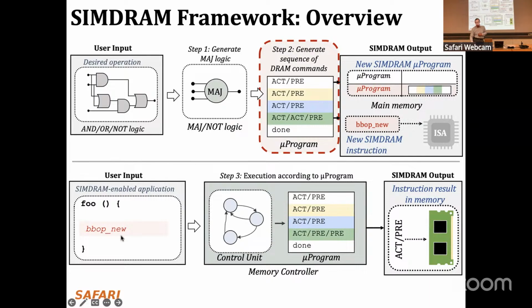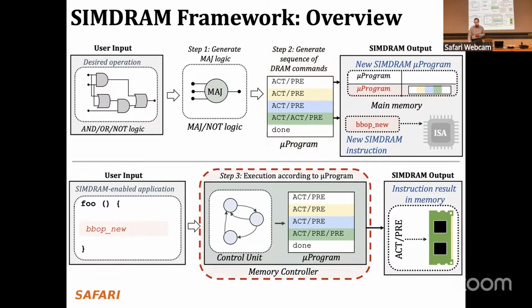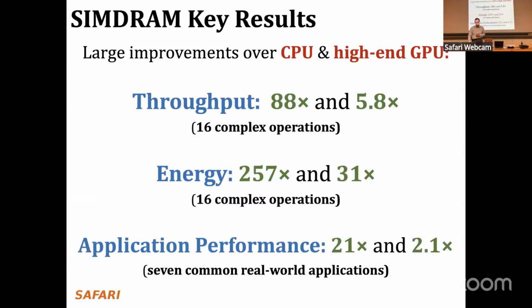And when the programmer or the compiler incorporates this instruction in the program, and the CPU executes this instruction, it gets shipped to the memory controller, which goes to the microprogram and executes these DRAM commands to execute that operation. That's the idea. It's a full end-to-end framework to enable this sort of block bitwise execution. And we see significant benefits. Again, you can read the paper for more detail.